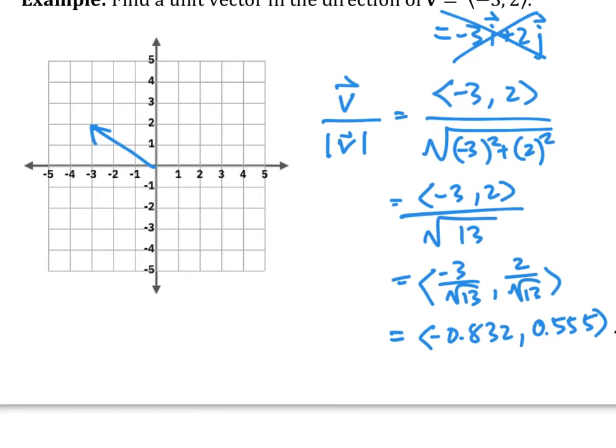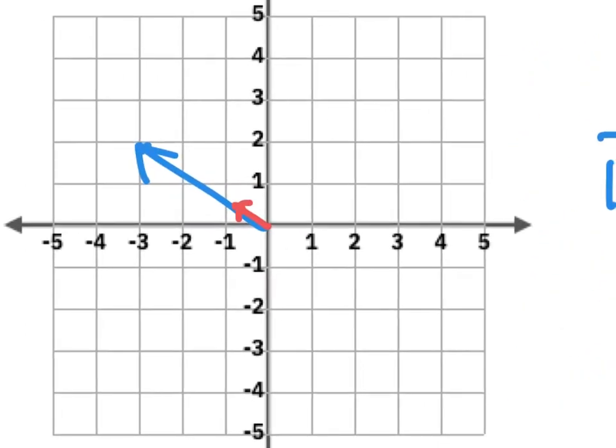If we were to graph that vector, it's all approximate, about -0.8 and then 0.5, so about here. Then you can see that this vector and the original vector are pointing in the same direction, except this has a magnitude of just 1.